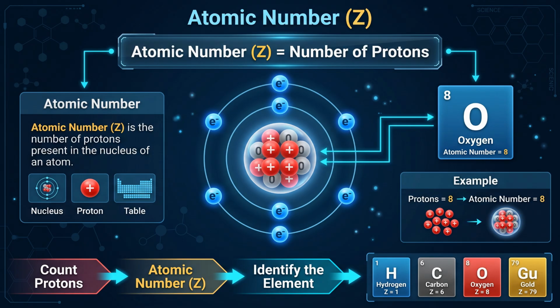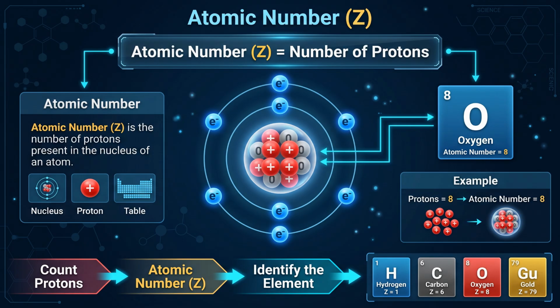One of the most important facts about atomic number is that it tells us the number of electrons in a neutral atom. A neutral atom has no overall electrical charge because the number of positive protons equals the number of negative electrons. Since each proton has a charge of +1 and each electron has a charge of -1, these charges cancel each other out.